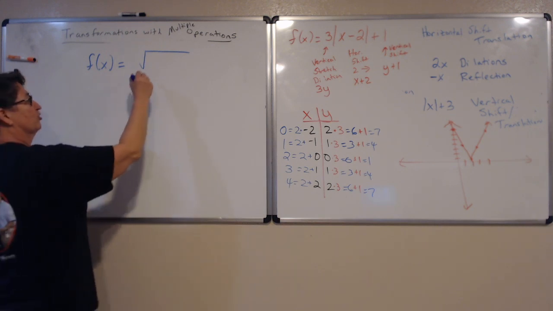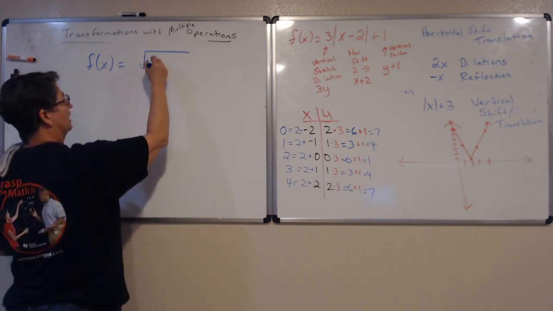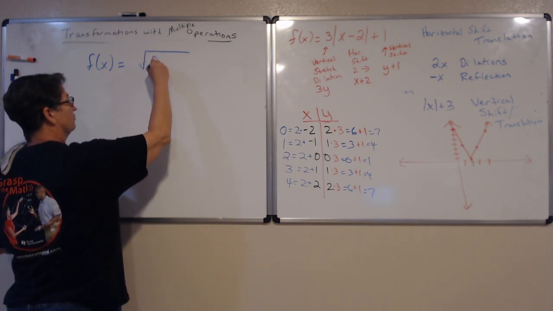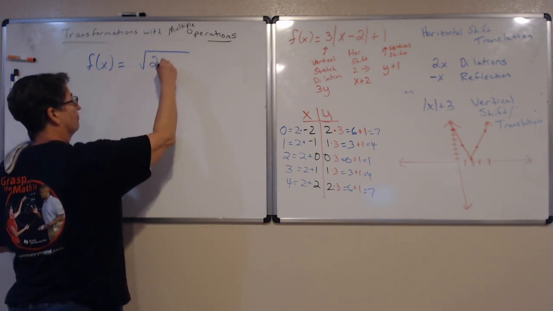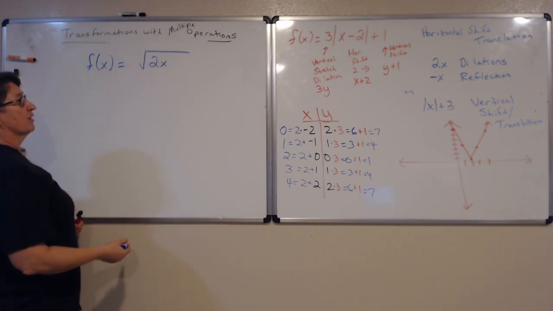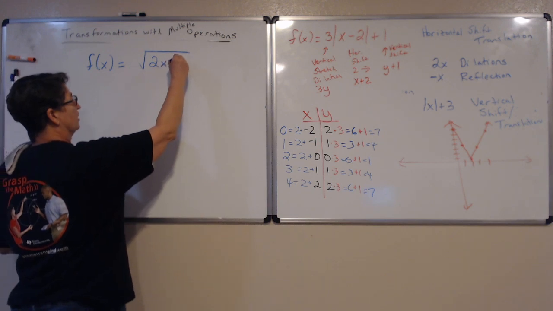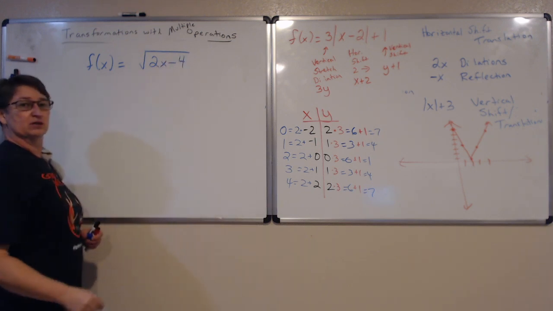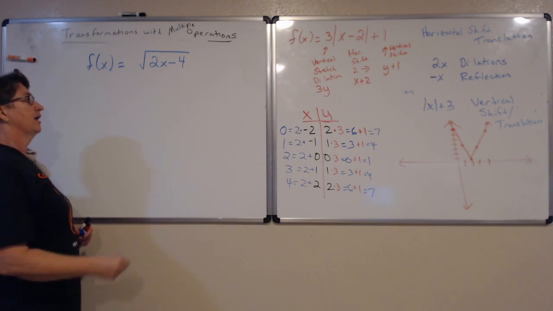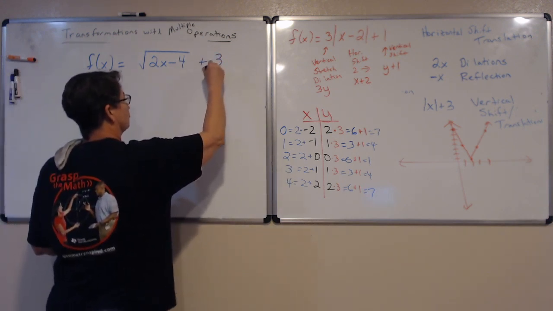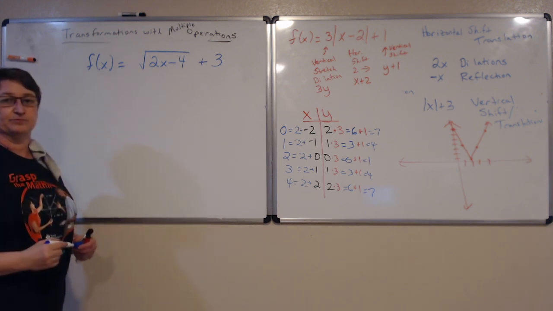Let's do a square root, where inside I'm multiplying by some number, like 2. And then maybe I'm subtracting a number in there like 4. And then we're adding a plus 3 out there on the outside.